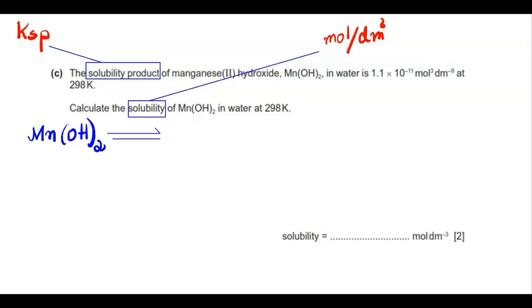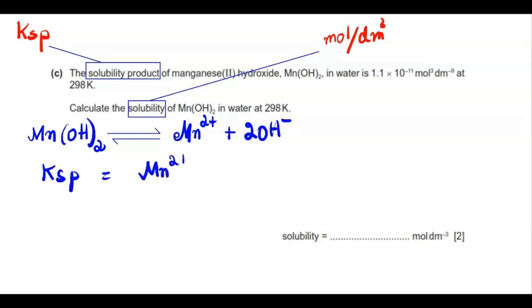Okay, now you get Mg2 plus and 2OH minus, and you know that Ksp is equal to Mg2 plus, OH minus squared.